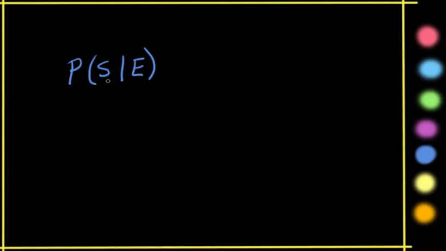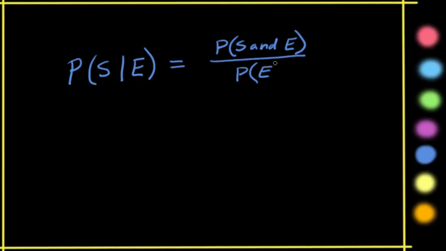The probability that Sam succeeds given the fact that Ellie succeeds or gets an A. And that is equal to the probability that Sam and Ellie both get an A divided by the probability that Ellie gets an A. So let me give you an example.